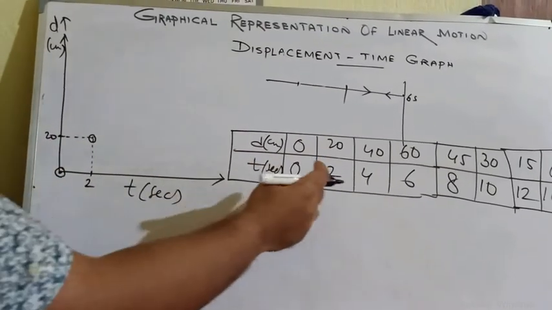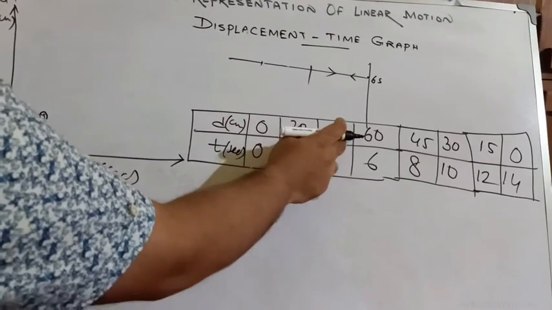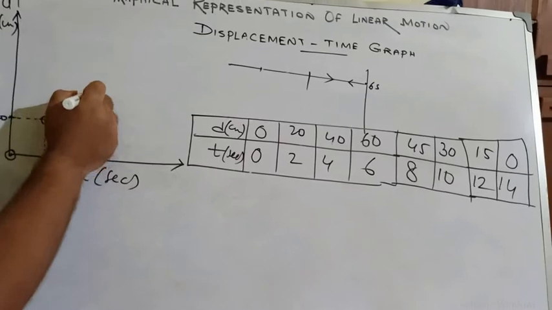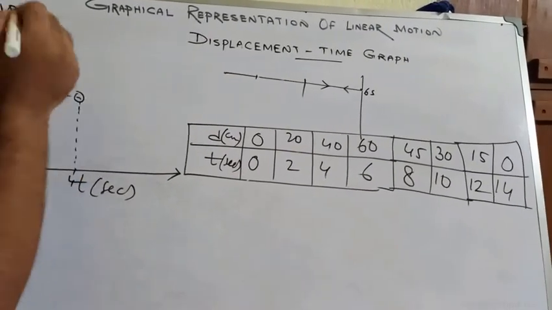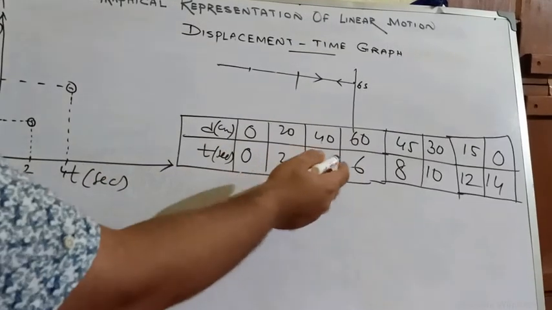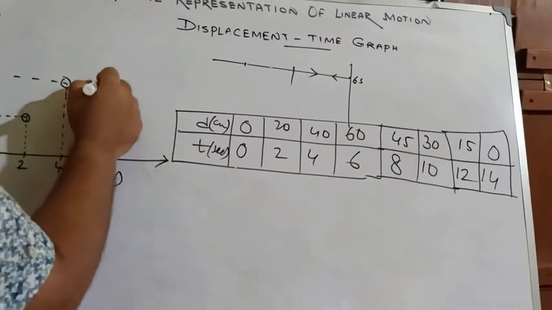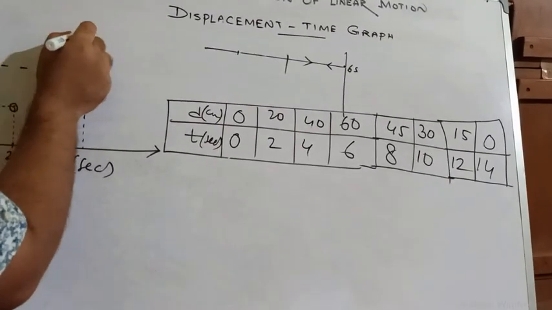Okay. Now at time 4 second, it is 40 centimeter. Let it be 4. And it is 40. Okay. At 6 second, it is 60 centimeter.